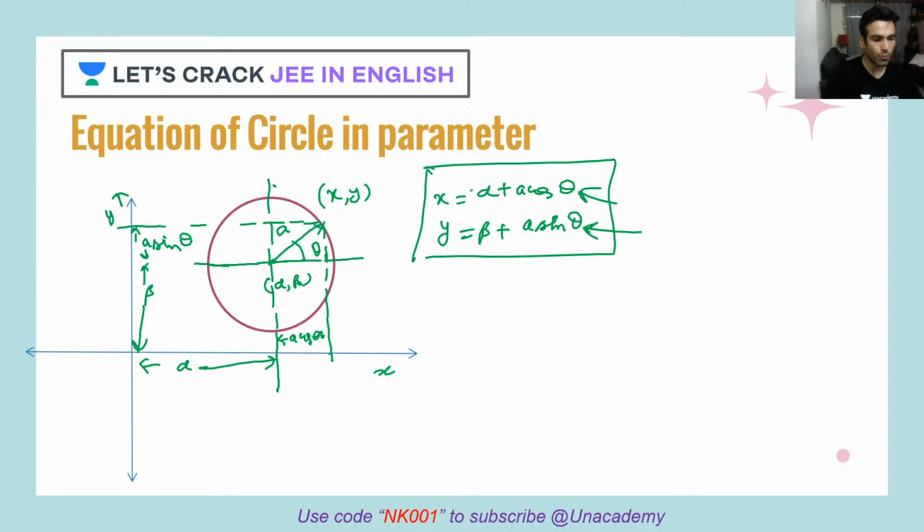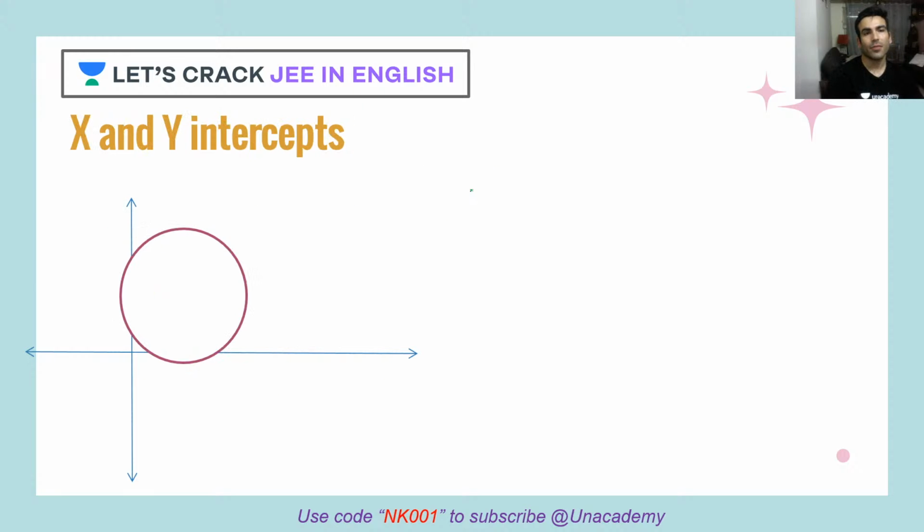Okay, let's move ahead. X and y intercepts. Let's calculate the x and y intercept. What are they? The x intercept is when the circle cuts the x-axis, and the y intercept is when your circle cuts the y-axis. This part is called the y intercept and this part is called the x intercept.